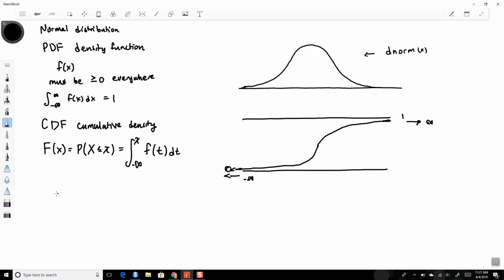So the CDF maps x to the interval 0, 1. And we have the probability integral transformation. I didn't write this theorem name last time.